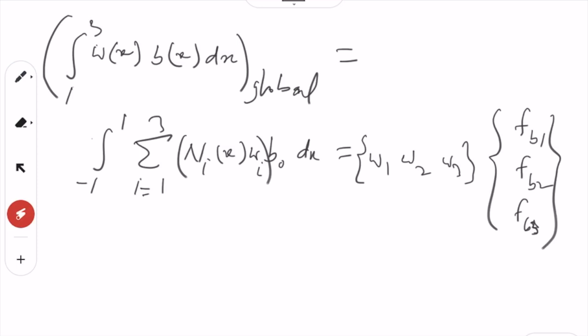Of course, this is for element number 1, so we can write 1, 1, 1 like this. But this is how it will be.